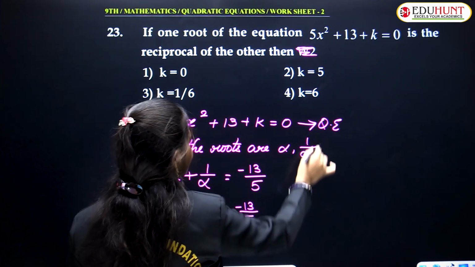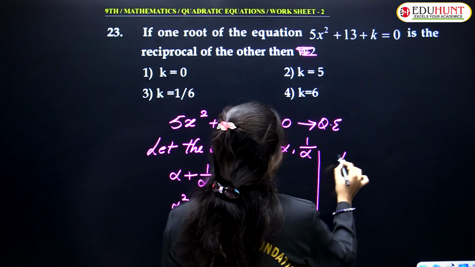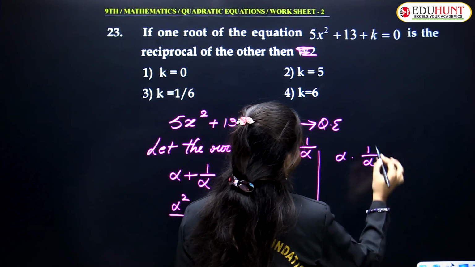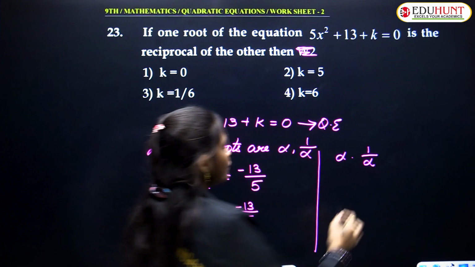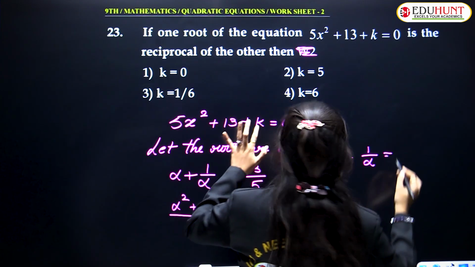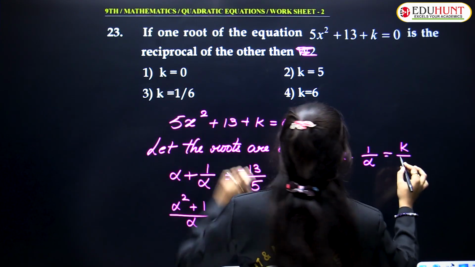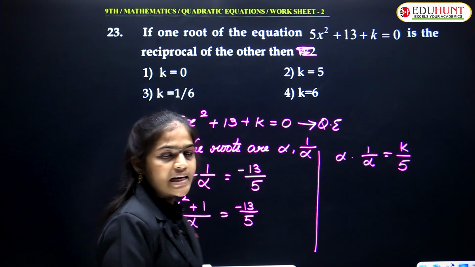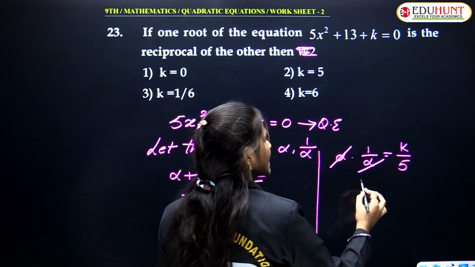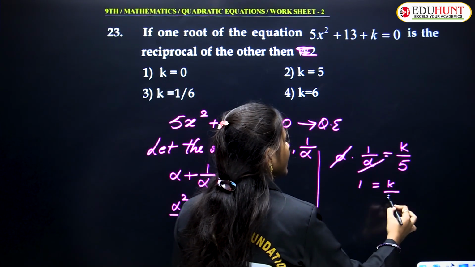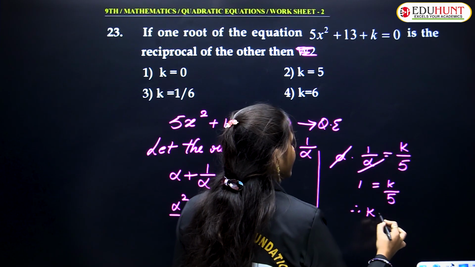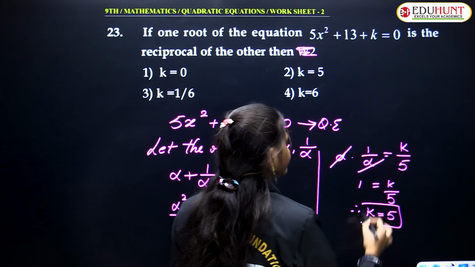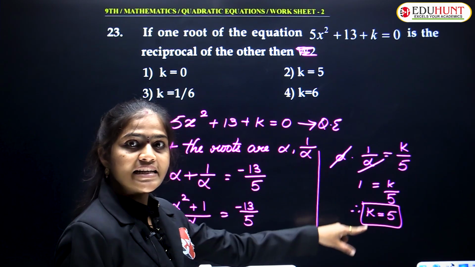And come to this one here, the product of the roots. So the product of the roots is alpha into 1 by alpha, which is equal to c by a. So c is equal to k and a is equal to 5. Understand? So here alpha and alpha get cancelled. So 1 is equal to k by 5. So from this one k is equal to 5.